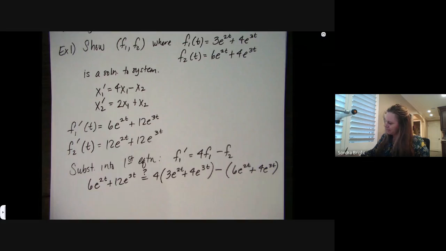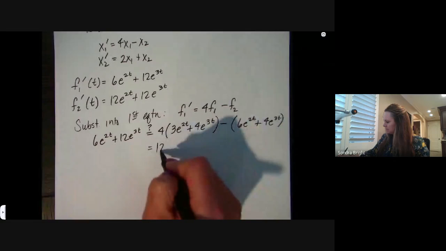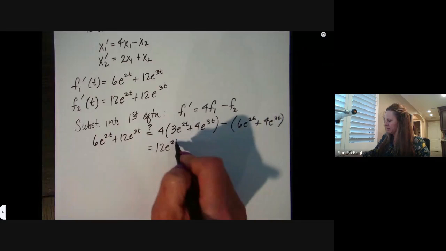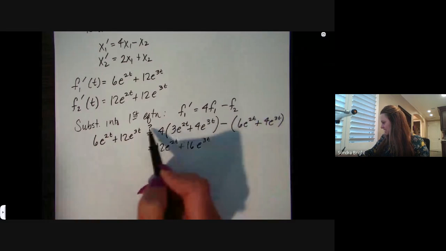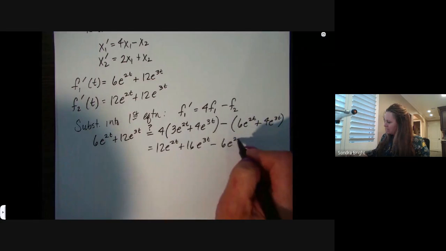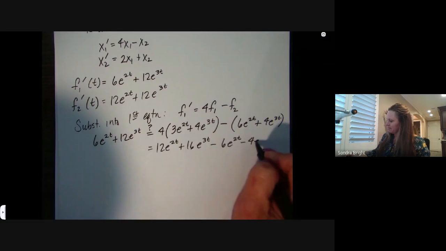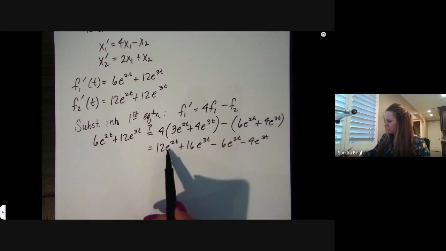So let's simplify this. This is 12e to the 2t plus 16e to the 3t. I distributed the 4 into both of those. Distribute the negative: you have negative 6e to the 2t minus 4e to the 3t. And then combining like terms, e to the 2t, that gives you 6e to the 2t.